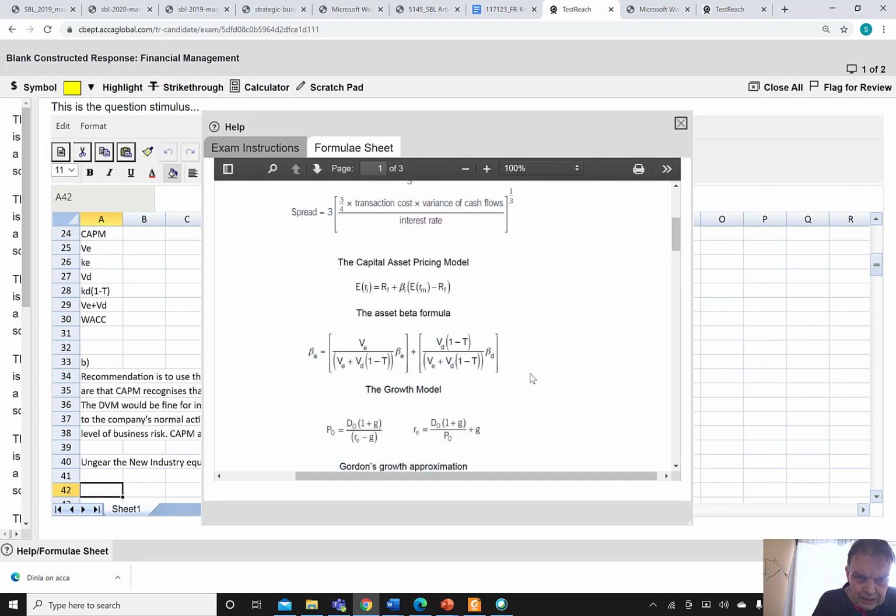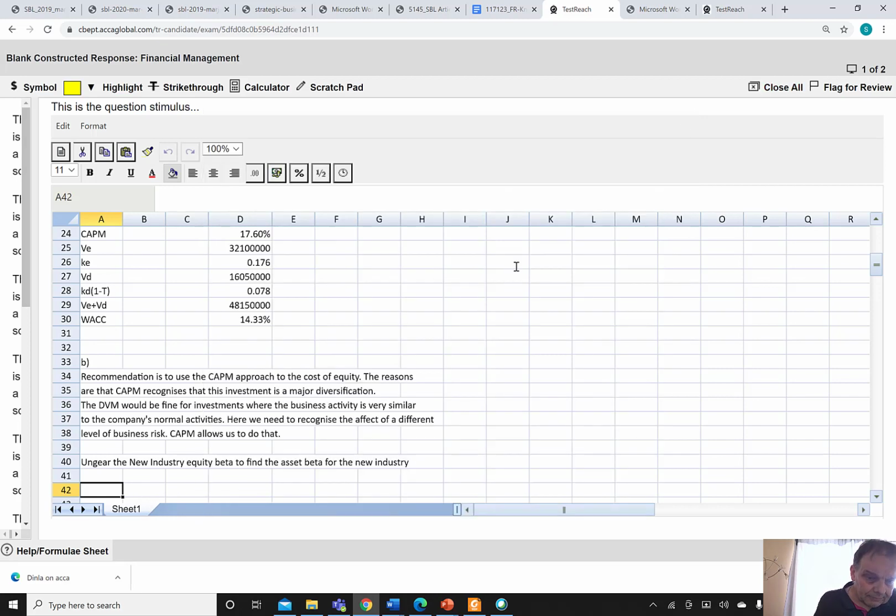We're able to take the asset beta formula here, and that's basically what we're going to use. We have already been told that the debt is risk-free, so as such the beta for debt would be 0, which means that half of the formula is not needed because anything times 0 is 0. So all we need to do is work out, using the equity beta and the industry mix of equity and debt, we can then take it from there and find the industry asset beta.